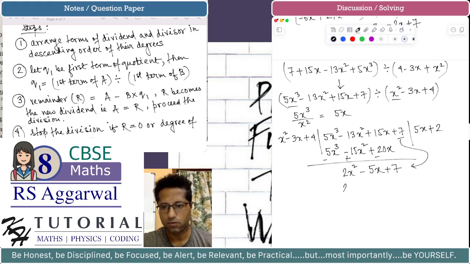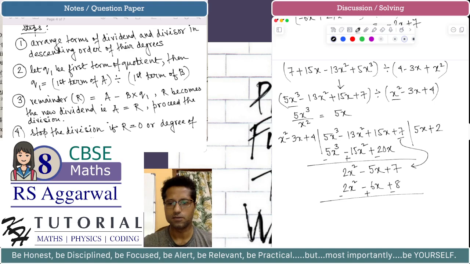So I have 2x square minus 6x plus 8. I will subtract. So the sign of 2x square will be minus, the sign of minus 6x will be plus, and the sign of plus 8 will be minus. So if you do the subtraction, 2x square minus 2x square cancels out, minus 5x plus 6x becomes x, 7 minus 8 is minus 1.